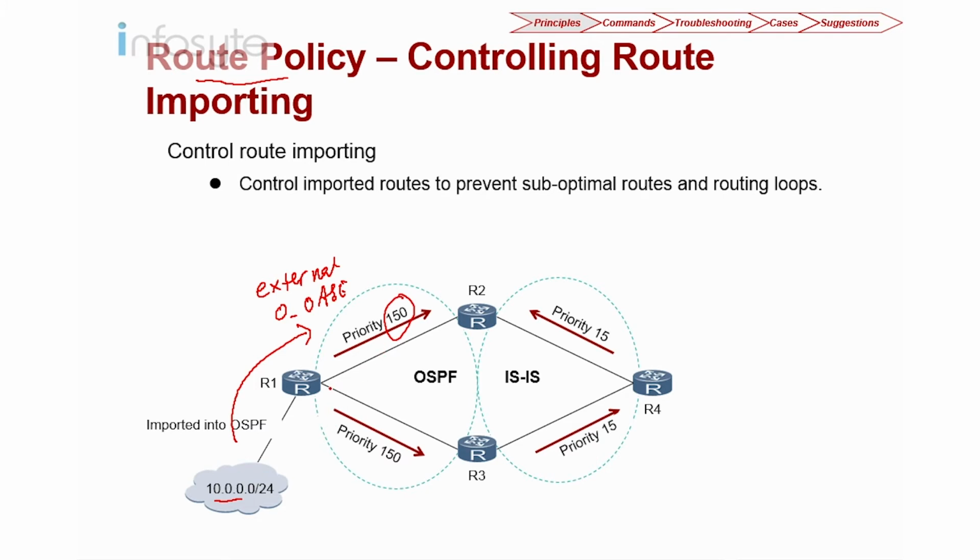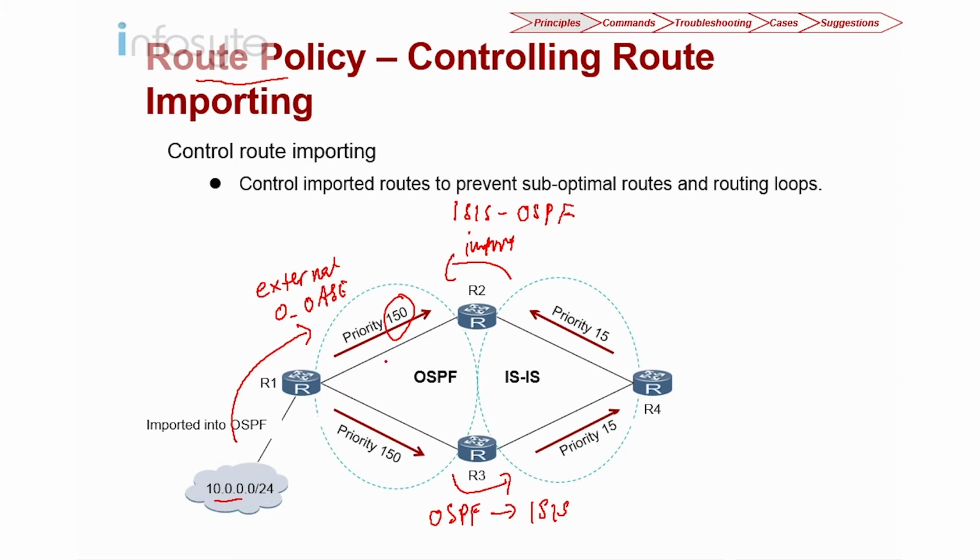Now assuming this route is sent to R3 and R3 imports the OSPF into ISIS. When ISIS receives it, R4 will advertise this to R2. Assuming that R2 also imports from ISIS into OSPF, then R2 will send this to R1.